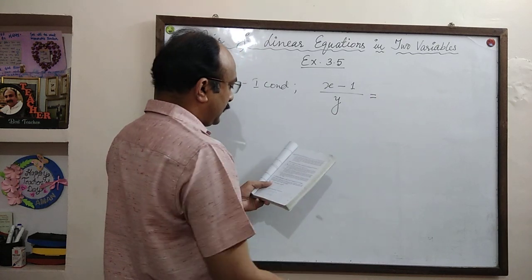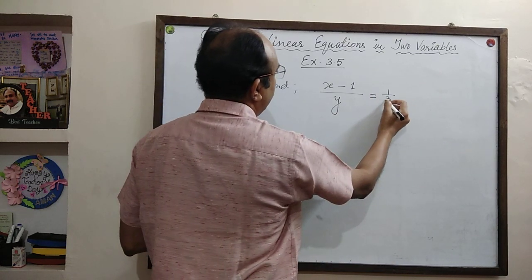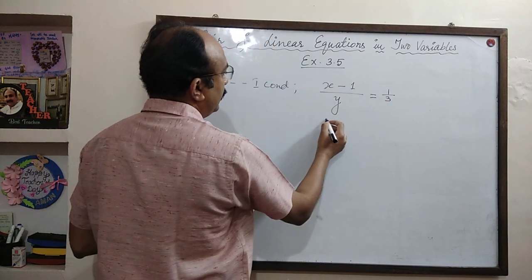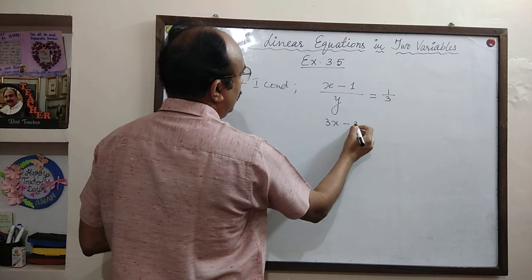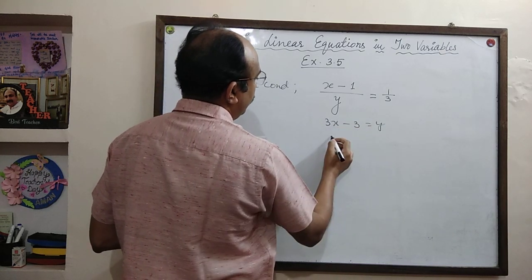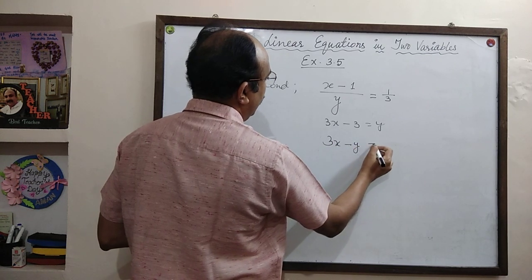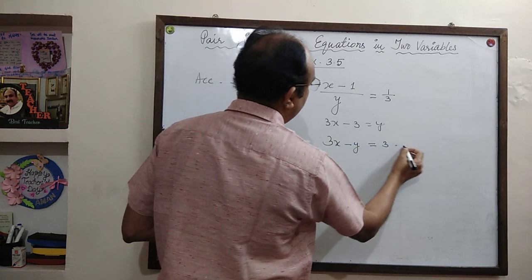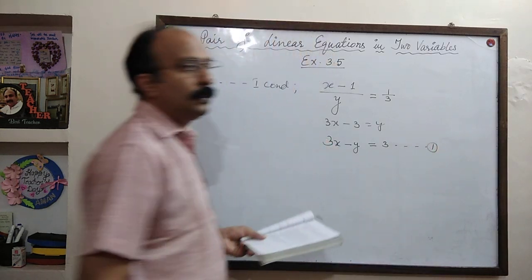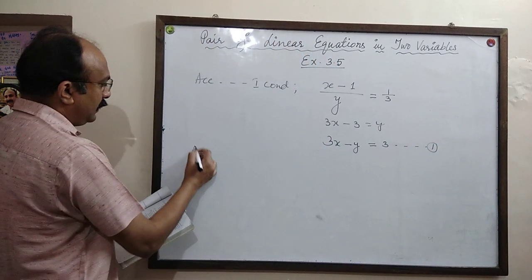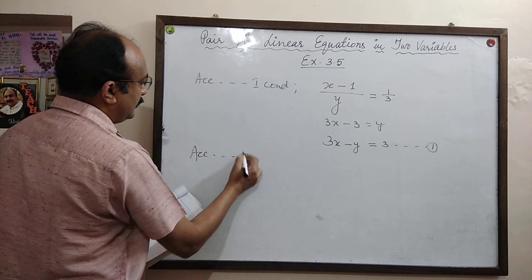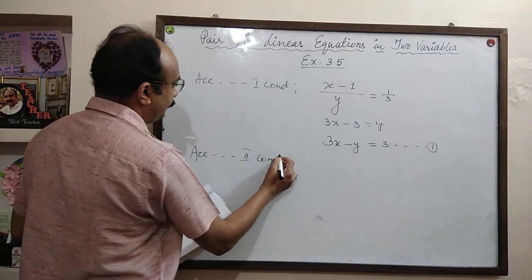Then the fraction becomes 1 upon 3. Cross multiply. 3x minus 3 is equal to y, or 3x minus y is equal to 3. Equation number 1.